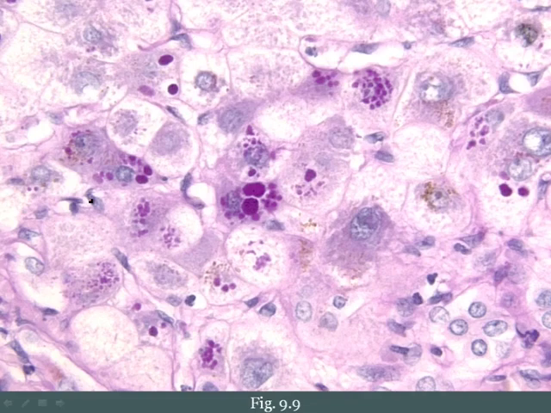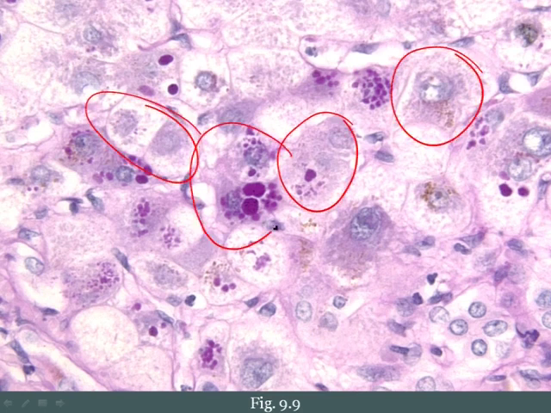And here's the high-yield way by which examiners like to ask this. So these are all hepatocytes. This is a biopsy of the liver. And you can clearly see that, for example, in this hepatocyte, there are these round purple or pink colored globules. These purple or pink colored globules actually represent alpha-1 antitrypsin that's building up in the hepatocyte.